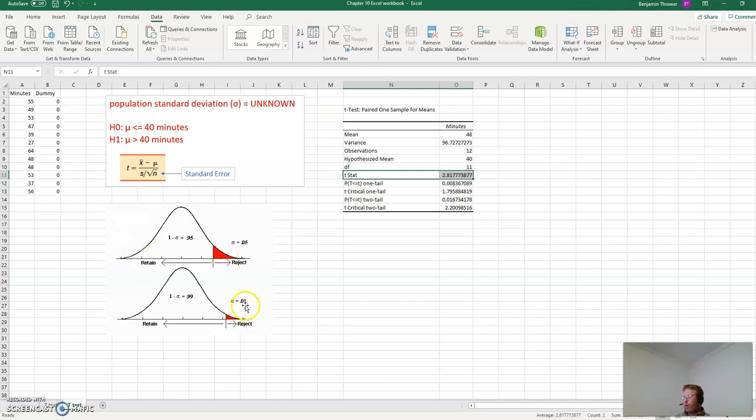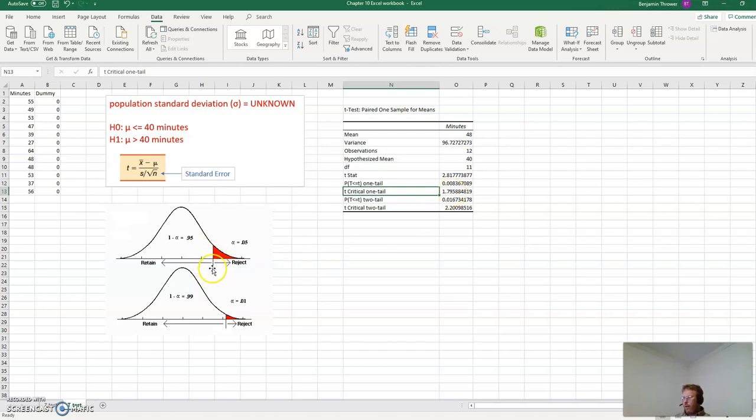This one down here is 0.01. If you notice, that 0.01 is a lot smaller than the 0.05, isn't it? Makes sense. This is 5% of the area under the curve. This is 1% of the area under the curve. Okay, but anyway, we're using this one, aren't we? So right here, since this is a one-tailed test, I see that my t critical value is 1.795.